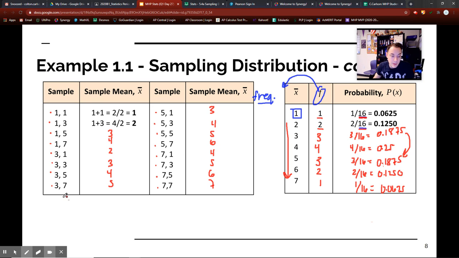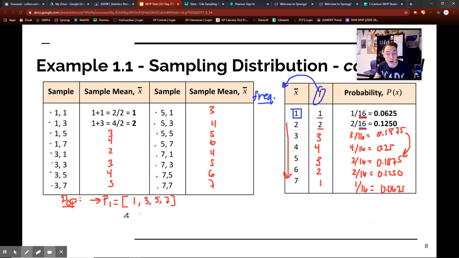Now, my population, I'm going to kind of recap. What did they say my population was? Well, they said my population, I'm just going to label this P1 equals, as a list, it was 1, 3, 3, 1, 3, 5, 7.